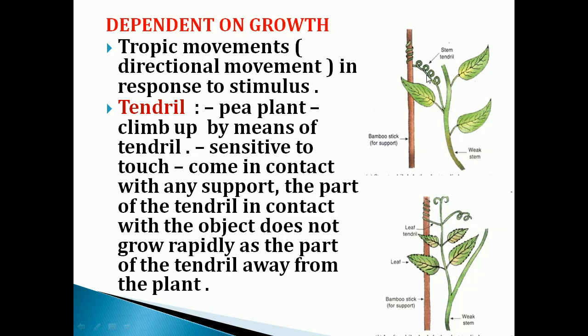When they come in contact with any support, the part of the tendril in contact with the object does not grow, while the part of the tendril which is away from the object grows. This causes the tendrils to circle around the object and thus cling to it.